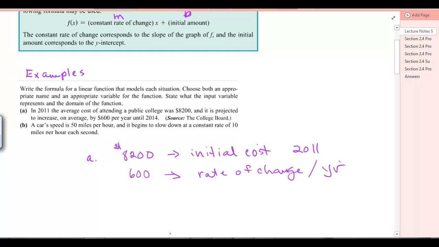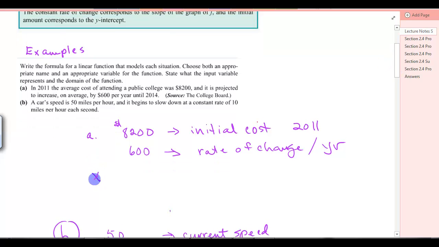All right, now let's talk about what we could call the variable. Let's let x be the number of years after 2011. All right, and we're trying to find what the cost is going to be, the average cost at some other year.